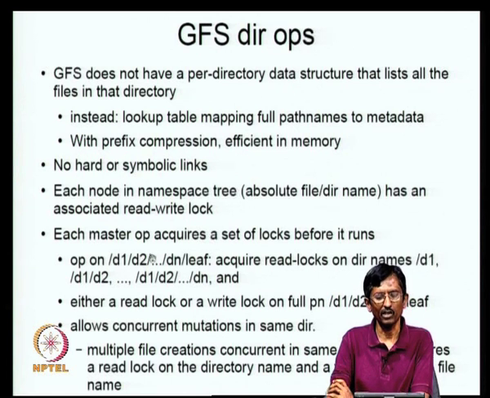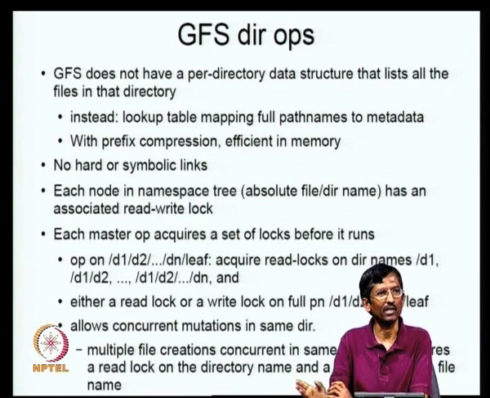If d2 is there, then again you search for something, etc. Here, the whole thing is looked up in one shot. That is that lookup table. Full path names are mapped to metadata directly. That means you give it this, it just does some hashing or something, immediately finds the corresponding entry and gets the equivalent of an inode.